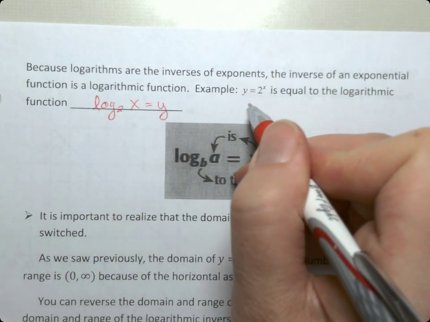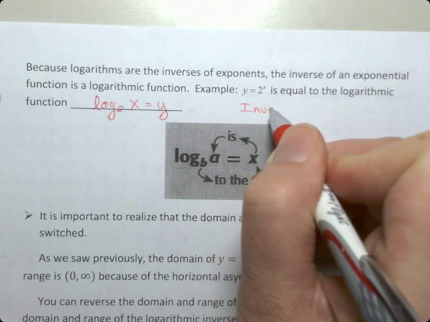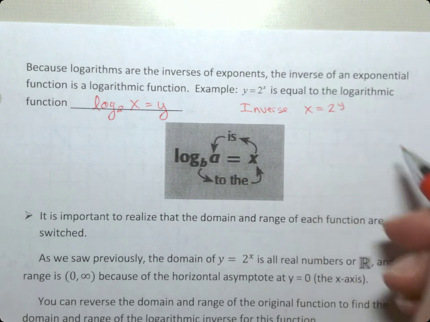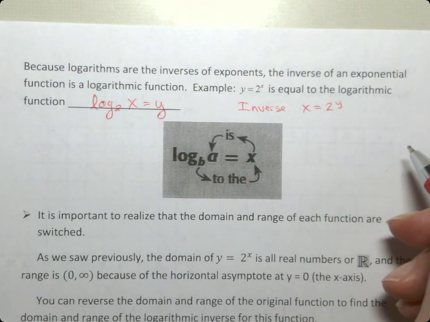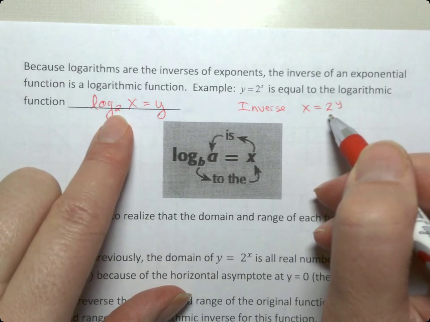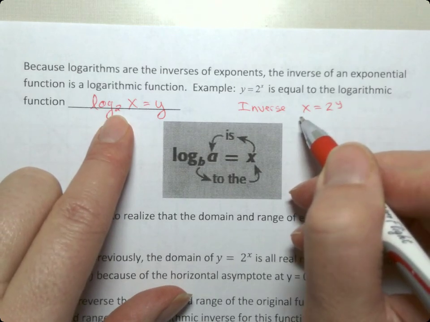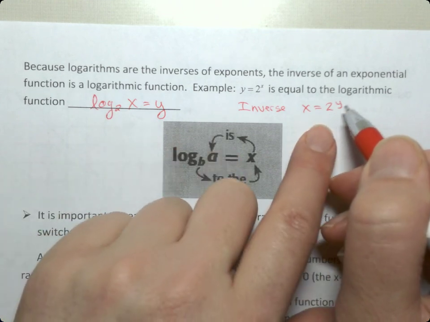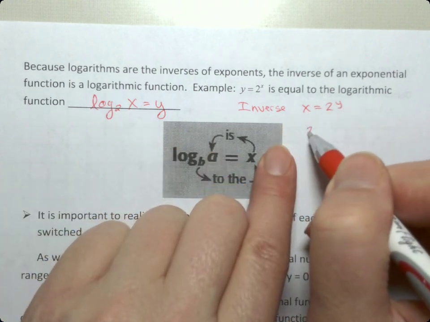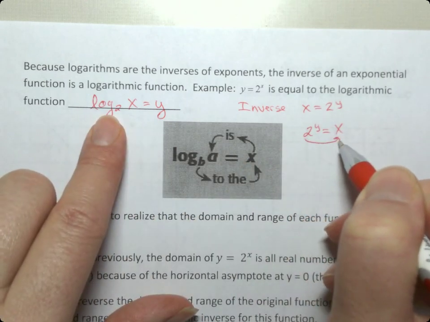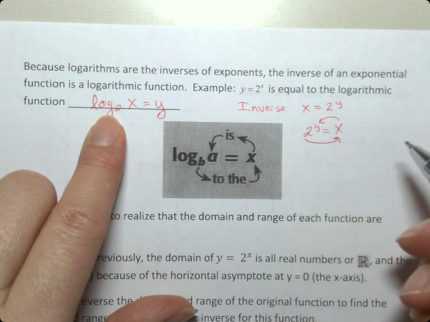So if you would rewrite this to find the inverse, the first step to finding the inverse was to switch x and y. Do you see what I did there? So 2 is my base, 2 to the y equals x. I'm backwards here. Let me rewrite it how we normally see it. Okay, here it goes. Log base 2 of x is y.